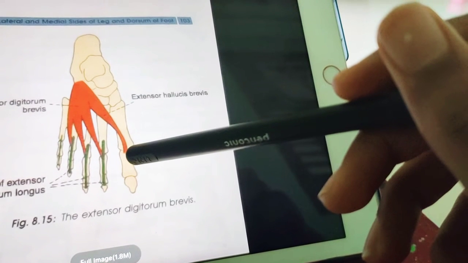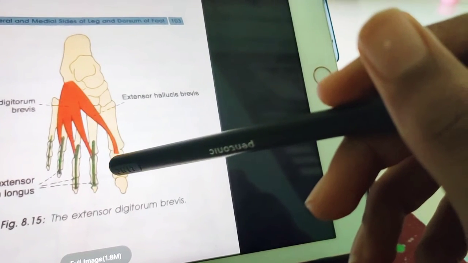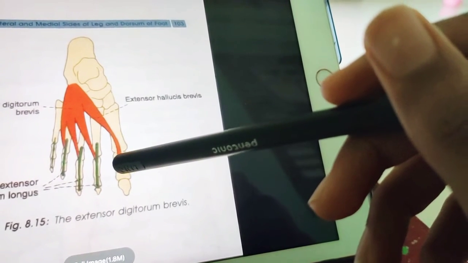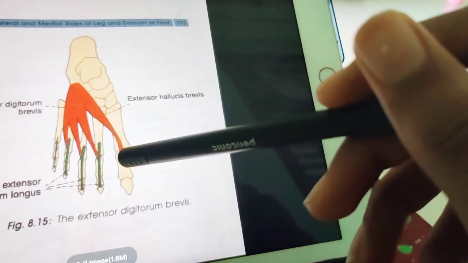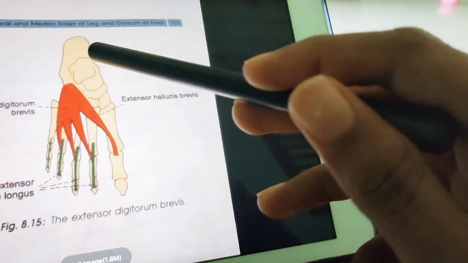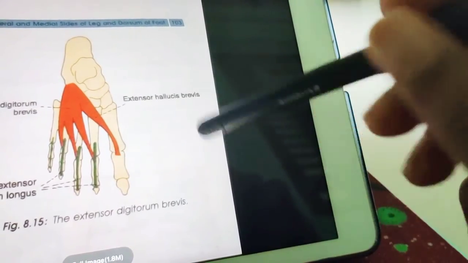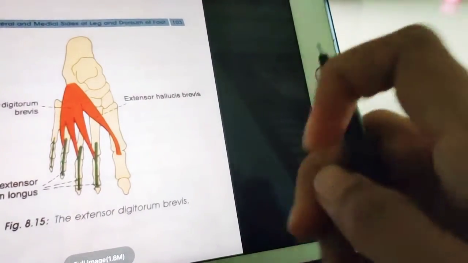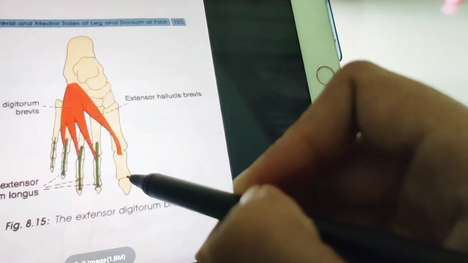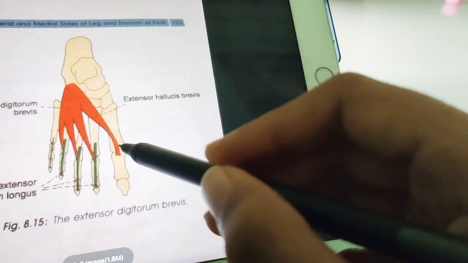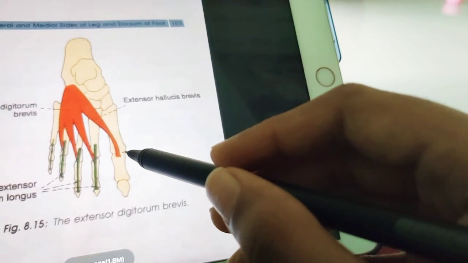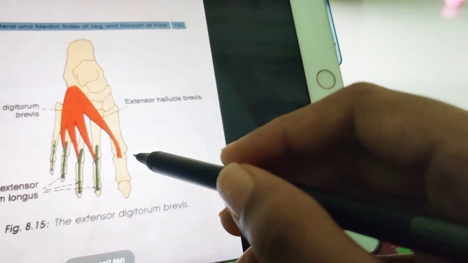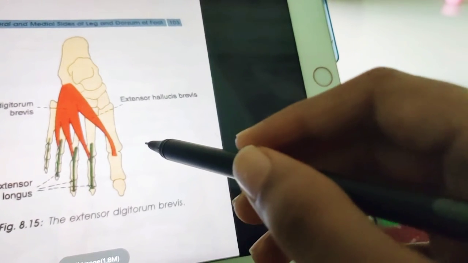Extensor hallucis brevis is inserted into the dorsal surface of the base of the proximal phalanx of the great toe, whereas extensor hallucis longus, if you remember, terminates in the base of the distal phalanx of the great toe. This one ends in the proximal phalanx of the great toe. That is extensor hallucis brevis.